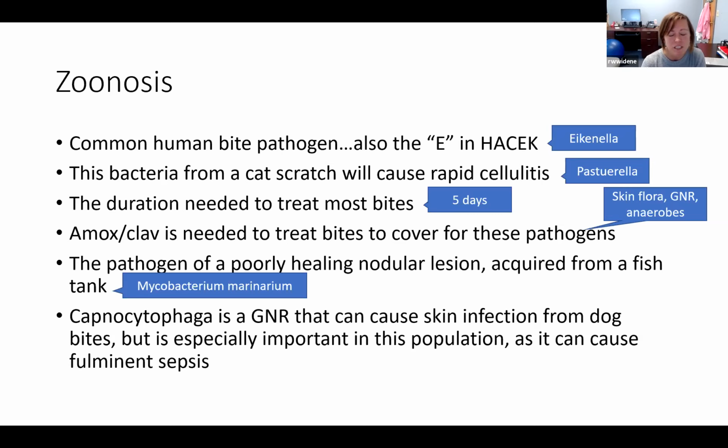Which leads me to the teaching point of prophylaxing for human and animal bites. You don't always have to prophylax, but you definitely want to consider prophylaxis for any human bites because we are dirty, dirty, dirty. Also bites to the face, the scalp, the genitals, the hands because of the fascial planes, an immunocompromised population, or if you can't get a good washout.